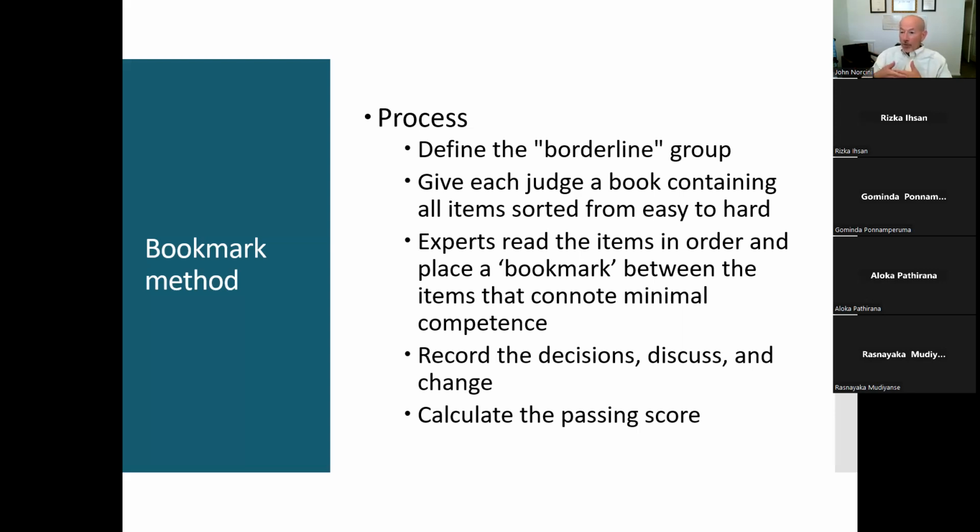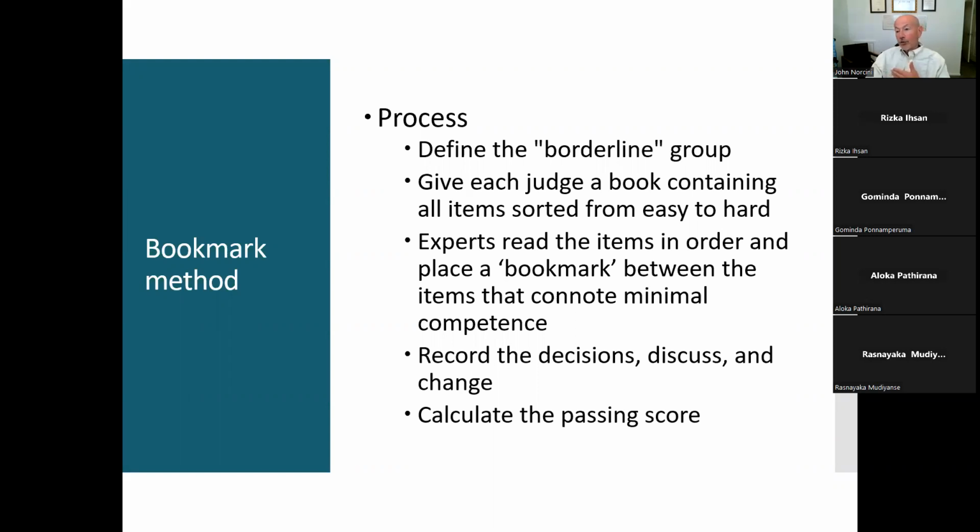So the book of items, one item per page, is sorted from the easiest to the hardest, depending on the performance of the examinees. So you use the IRT version of item difficulty to do that.